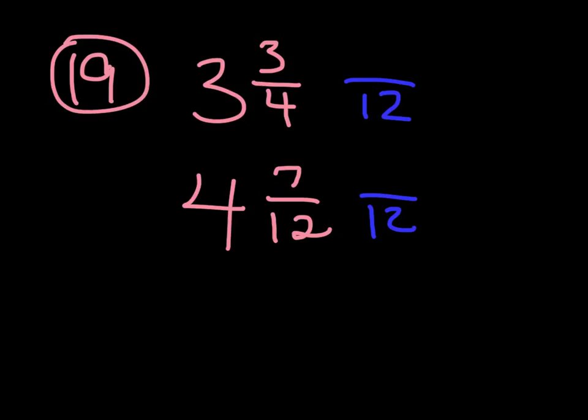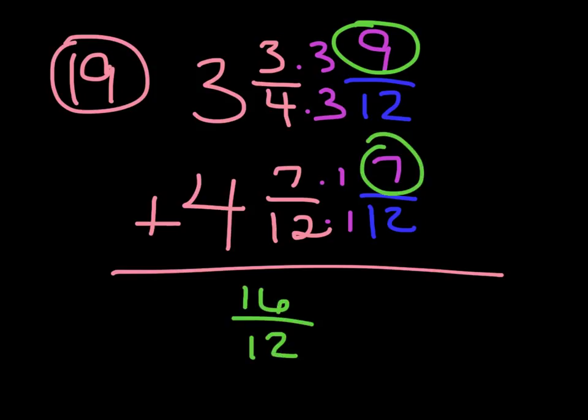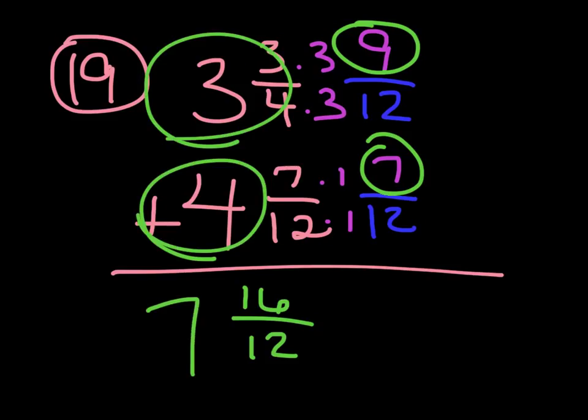Find our equivalent fractions. Add our numerators. 9 plus 7 gives me 16. Keep our denominator. Add our whole numbers. 4 plus 3 gives me 7.